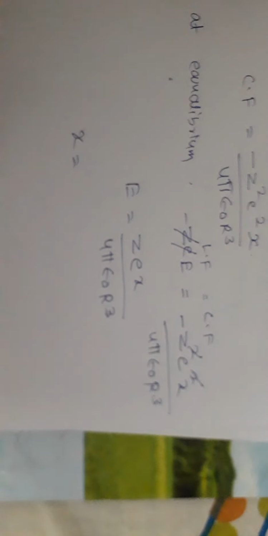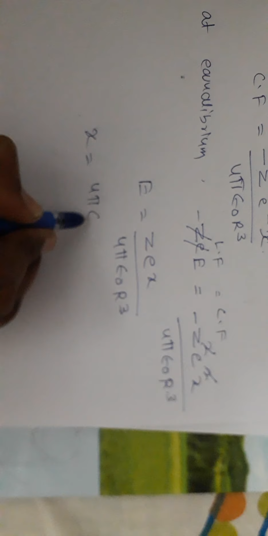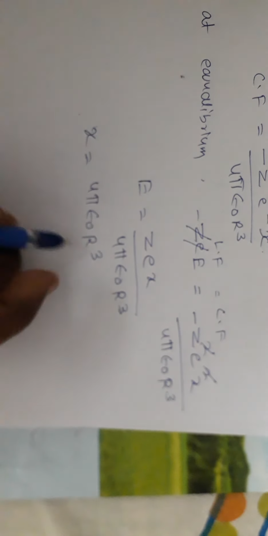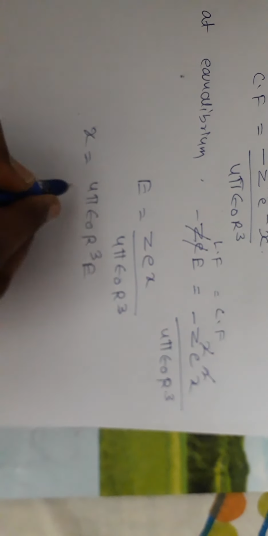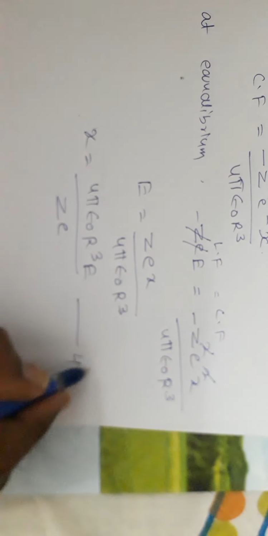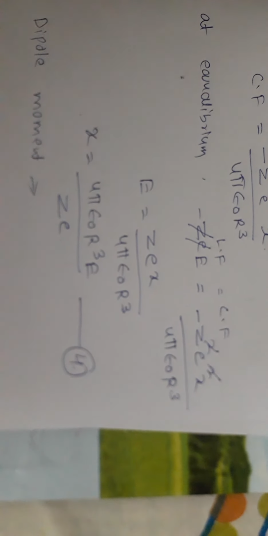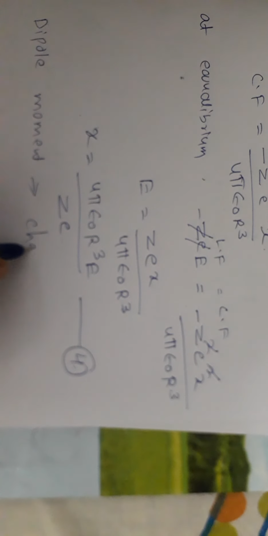Now from this equation we want the displacement, the distance between the two charges. We calculated x: x is equal to 4 pi epsilon naught r cube into E by ZE. Now this is equation number 4. Now we want the dipole moment. What is dipole moment? It is equal to charge into the distance between the two charges.